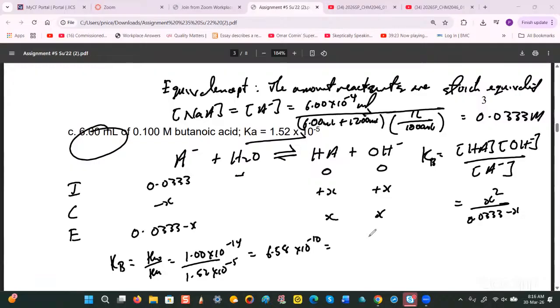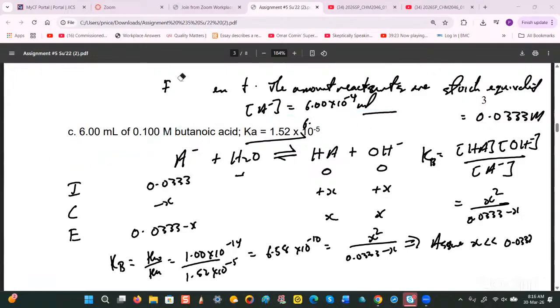And that would be equal to X squared over 0.0333 minus X. So basically, we go through the same steps as we did in previous problems. We assume that X is much less than 0.0333. And again, I'm limited with space, so let me erase what's up here.